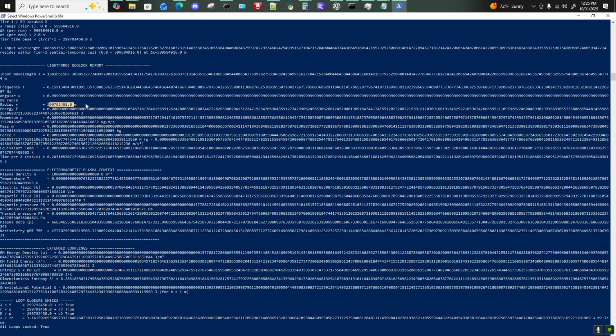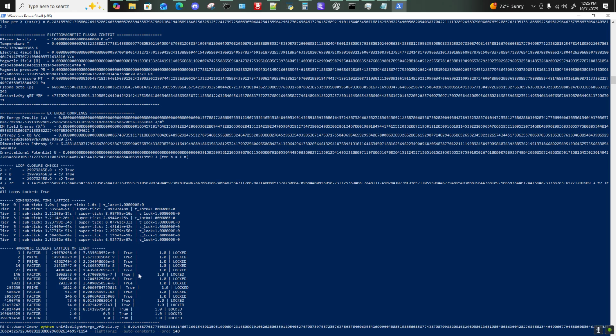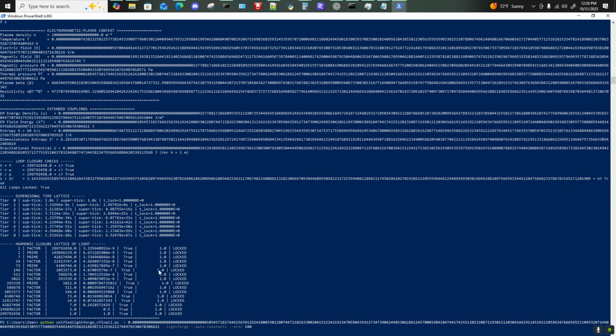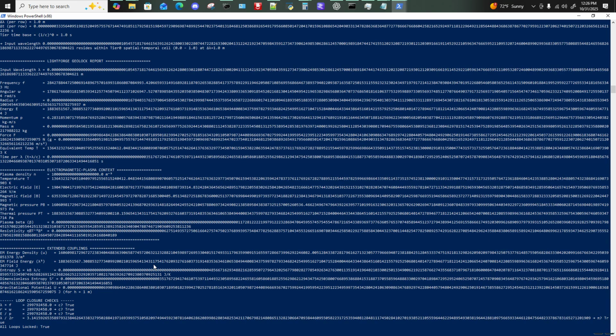Radius is now the speed of light. So this is how you explore the electromagnetic spectrum mathematically. Yep, see, look, here's momentum. Momentum has shifted to 2 pi now.